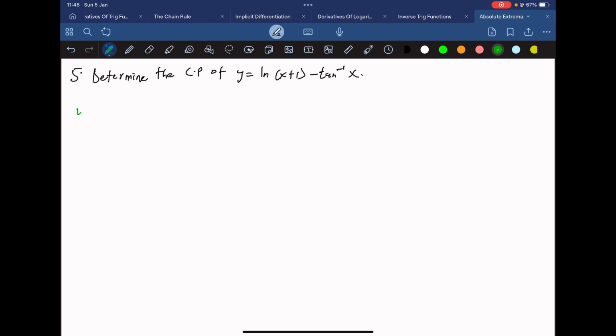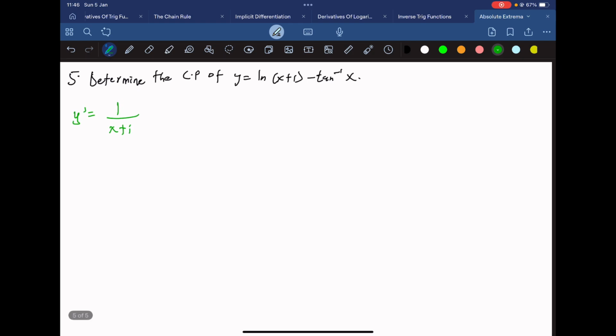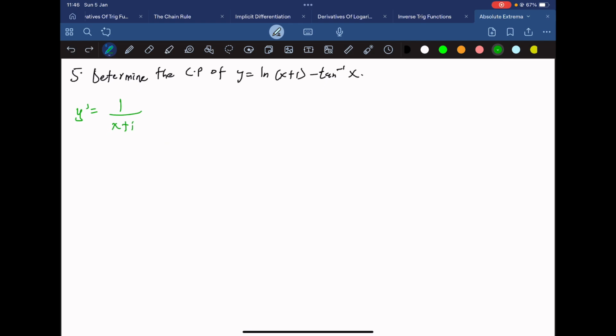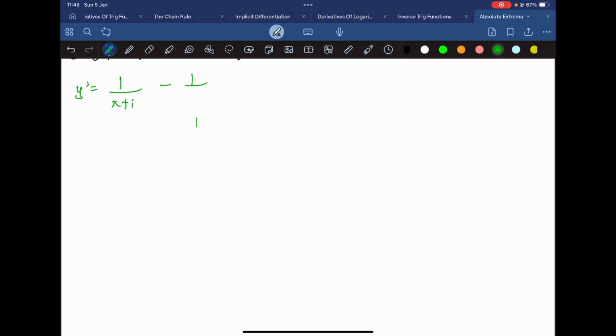So y prime is, if we differentiate ln of x plus 1, you have 1 divided by what is inside the parenthesis, which is x plus 1, then minus. Now remember, if we differentiate tan inverse of x, you have 1 over 1 plus x squared.